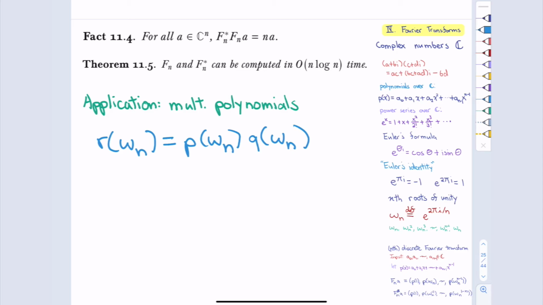Right? Just because R is the product of P and Q. So I'm just evaluating P, I'm evaluating Q, I'm multiplying it together. That gives me the value of R. Okay? But obviously, if I had the right-hand side, I only need constant time to multiply those things together. So as opposed to doing a loop to generate a coefficient, I only need constant time to generate one of the values at the roots of unity.